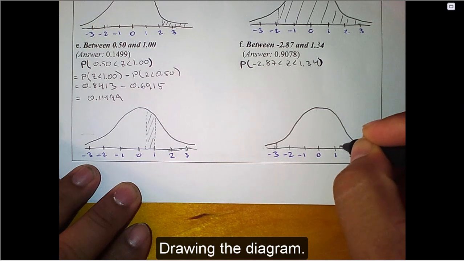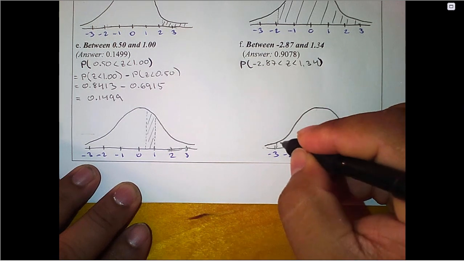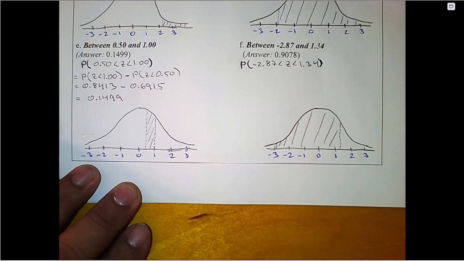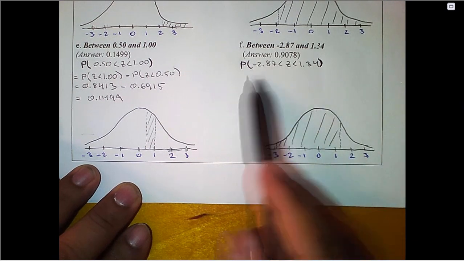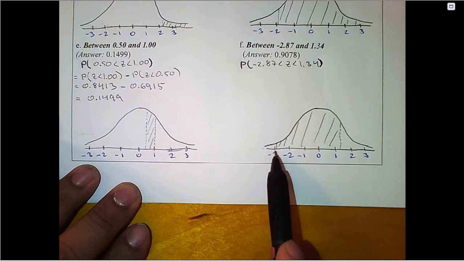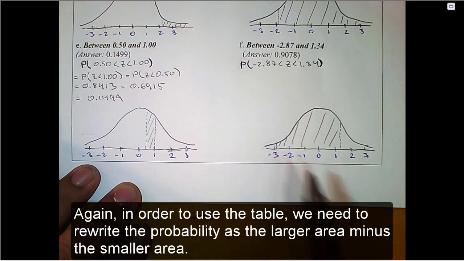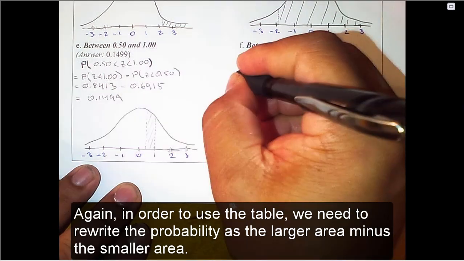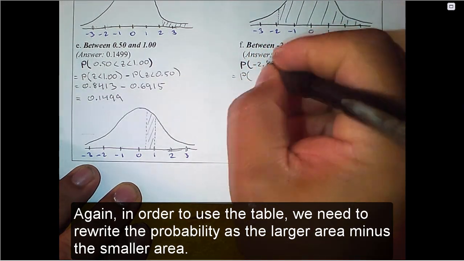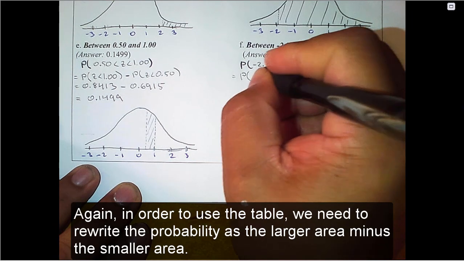Drawing the diagram. Again, in order to use the table, we need to rewrite the probability as the larger area minus the smaller area.